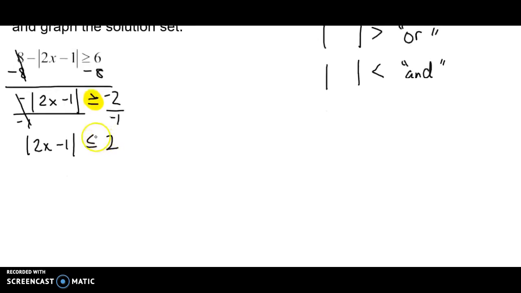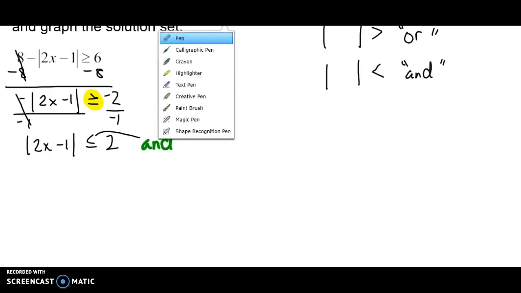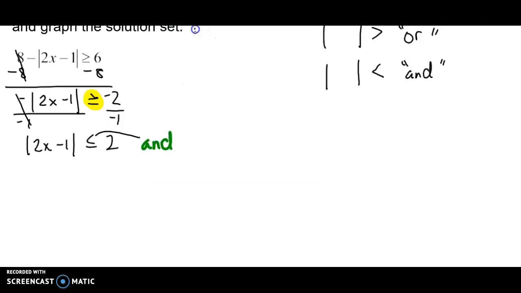From this point, I notice that this is an and problem. Or equal to, it doesn't matter, it's still going to be and. So I have to set 2x minus 1 less than or equal to 2, and 2x minus 1 has to be greater than or equal to negative 2. Even if this was an or problem, you'd still have to flip that second inequality to be its opposite.